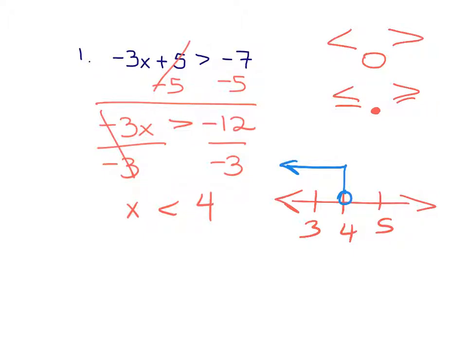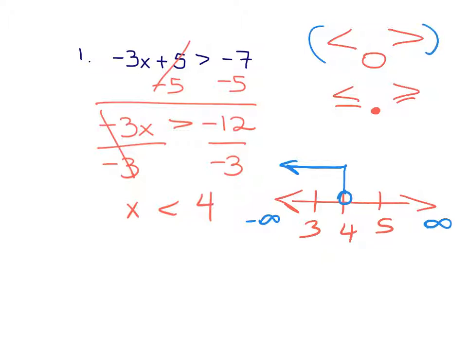Now, when it's pointing towards the left, that is pointing to the negative numbers, so it's going forever to negative infinity. When it's going to the right, it's going to positive infinity. So when we go to write our answers, instead of using open and closed circles now, we're going to be using parentheses for the less than and the greater than.